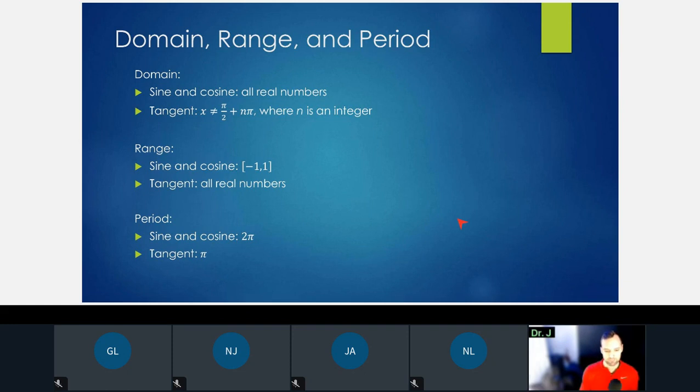Does everyone see that? So that's why this is in this form here. They're saying the first place where you get a divide by 0 error is pi over 2, because x is 0 at pi over 2. And then it's saying every time you do a half a rotation, n times pi, you also get asymptotes.